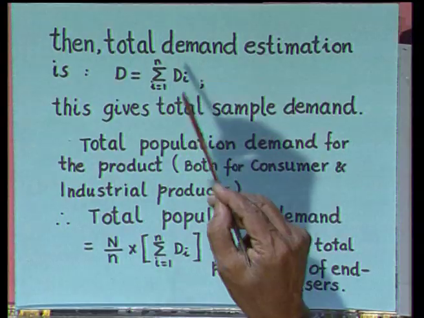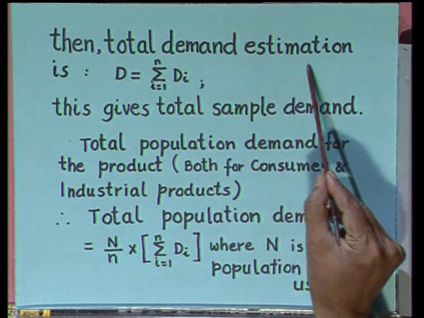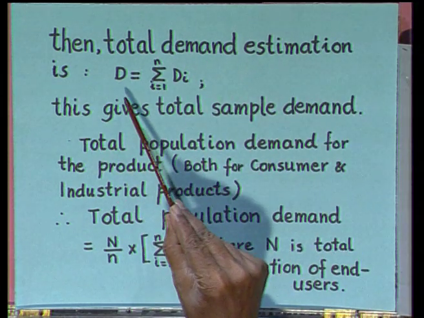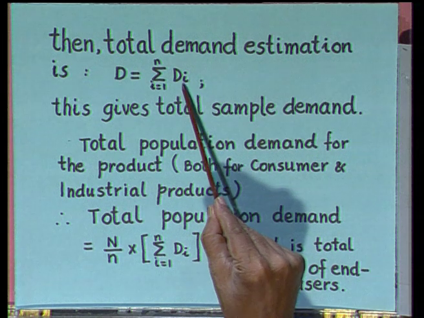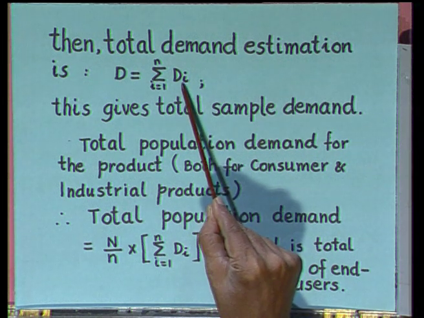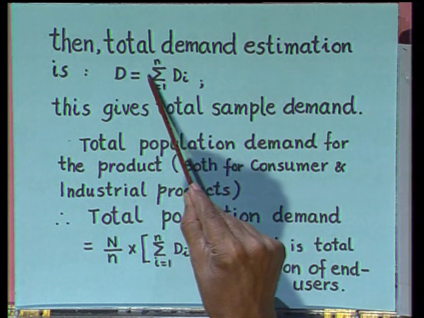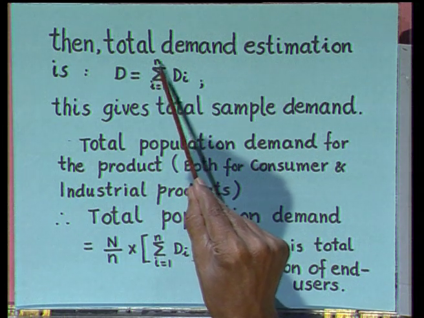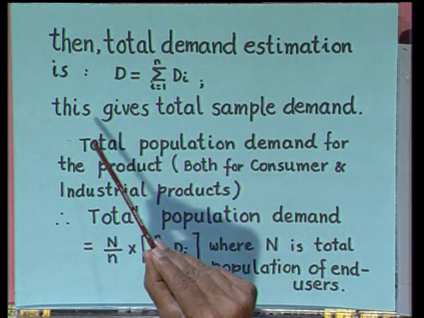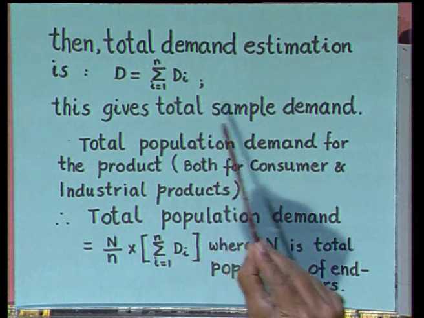Supposing there are 10 questionnaires which we have sampled for either consumer product or industrial product, then the total demand for estimation is D equal to sigma Di, i going from 1 to n, n is small n, I mean. This gives the total sample demand.